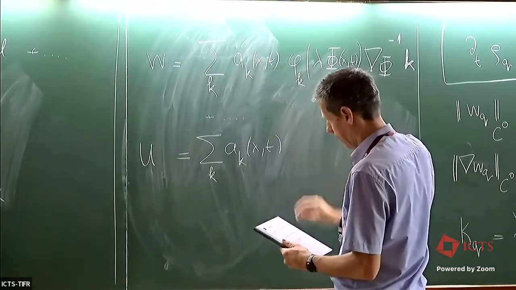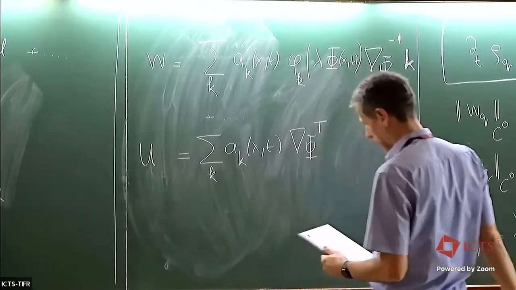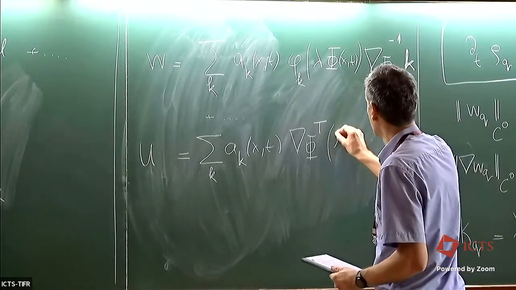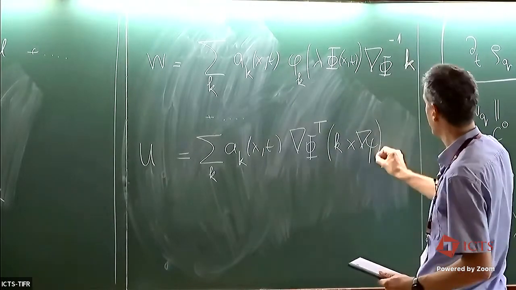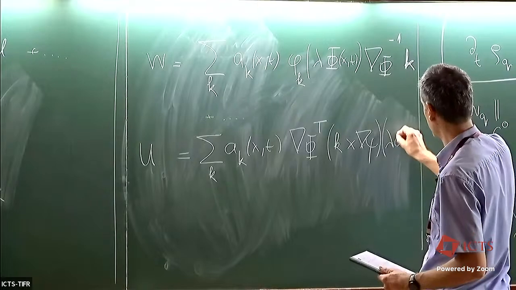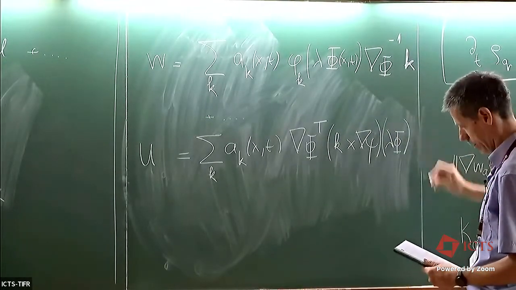It's something like this: k cross gradient psi, again composed with lambda phi.